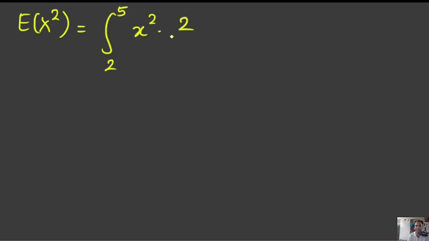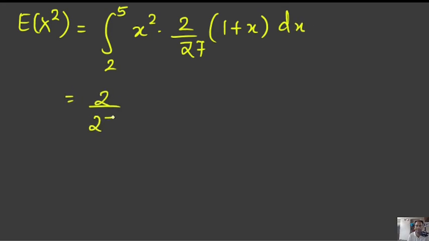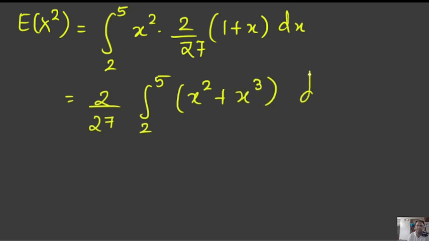Here you will have E(X²) going from 2 to 5: integrate from 2 to 5 x² times 2/27 multiplied by (1 + x) dx. So 2/27 will step outside the integration. You have 2 to 5, and then there is x² + x³ dx.